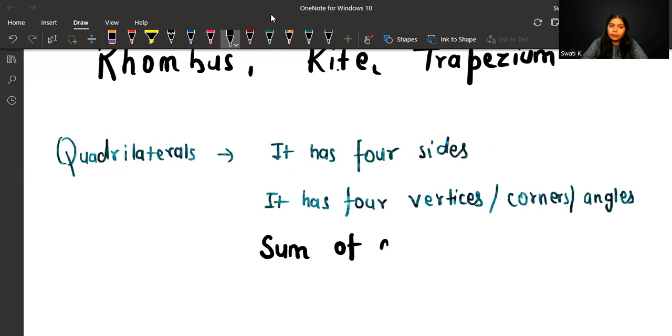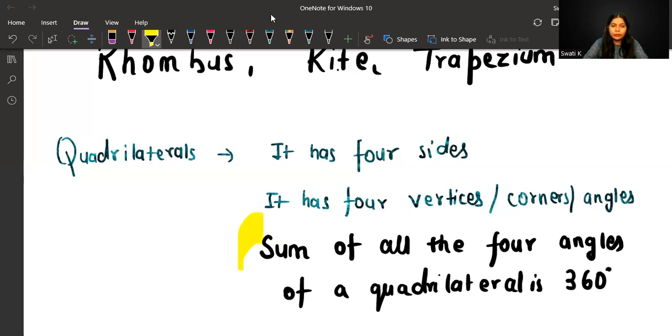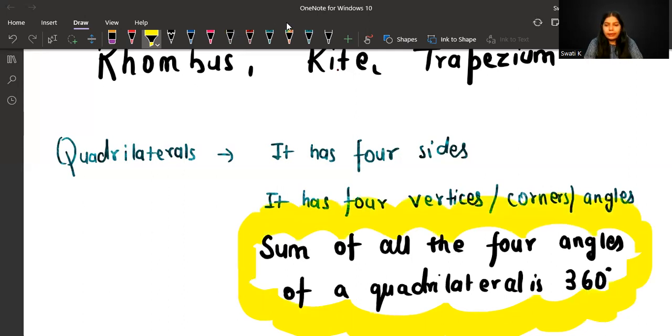The sum of all the four angles, because we have four angles only, of a quadrilateral is 360 degrees. Okay, so this is a very important property out of these three properties. Of course, the first two are very basic. And yes, these are the main characteristics of a quadrilateral.